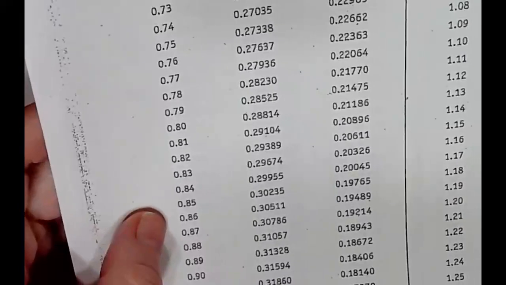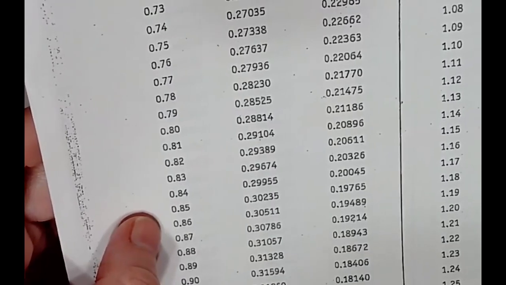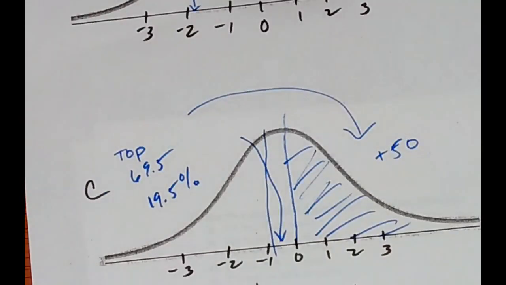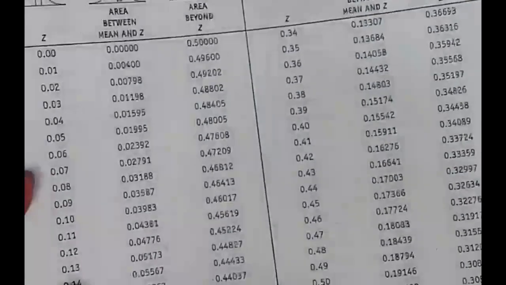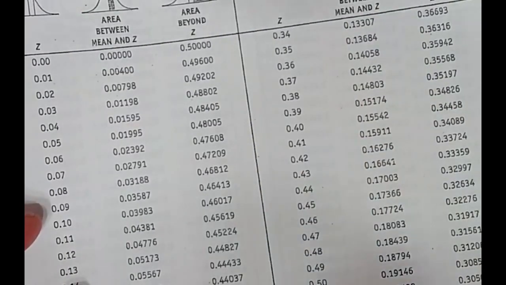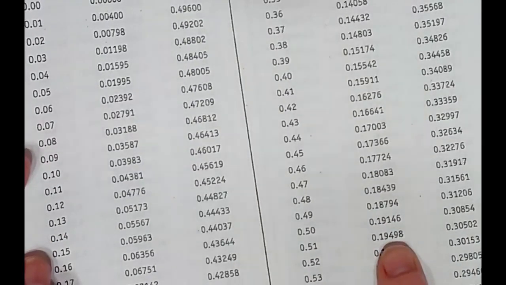And I'm looking for 19.5%. So 19.5% area between mean and z, 19.49.